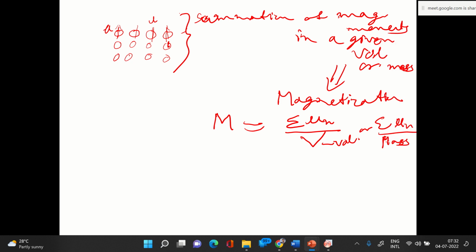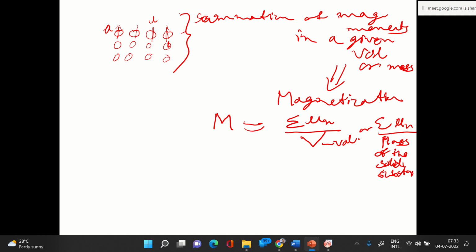So you sum up the individual magnetic moments arising from different points and collect them together over the solid substance we are talking about. Sometimes it is given per unit volume, and sometimes per unit mass. If you have the volume, you can multiply by density to get mass.